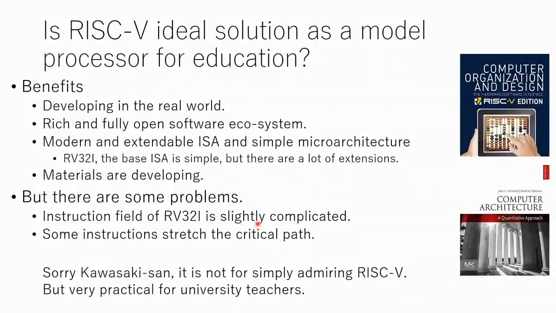RV32I, the base ISA of RISC-V, is simple, and there are a lot of extensions. And the materials are developing. For example, the Patterson and Hennessy textbook and the Hennessy and Patterson textbook published RISC-V editions. Maybe the Harris and Harris textbook will follow.